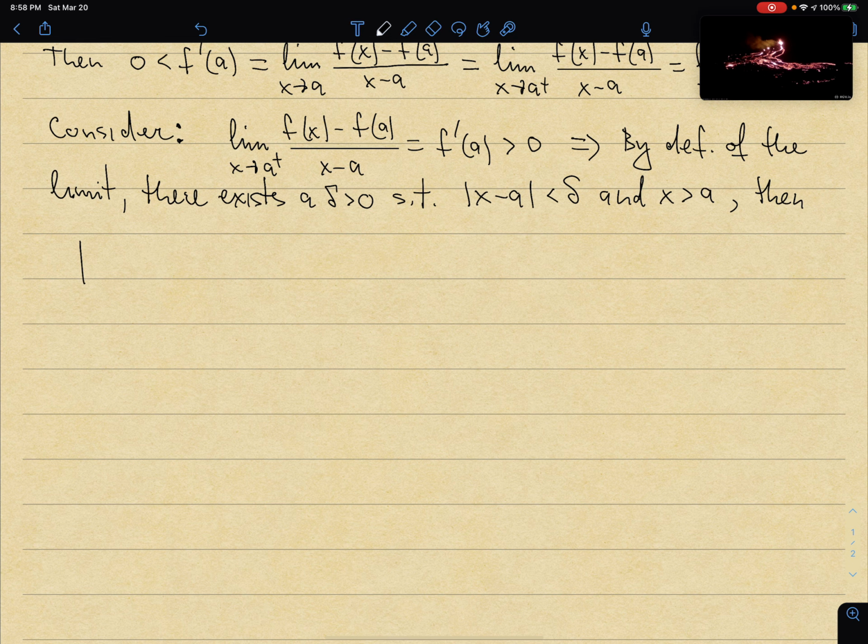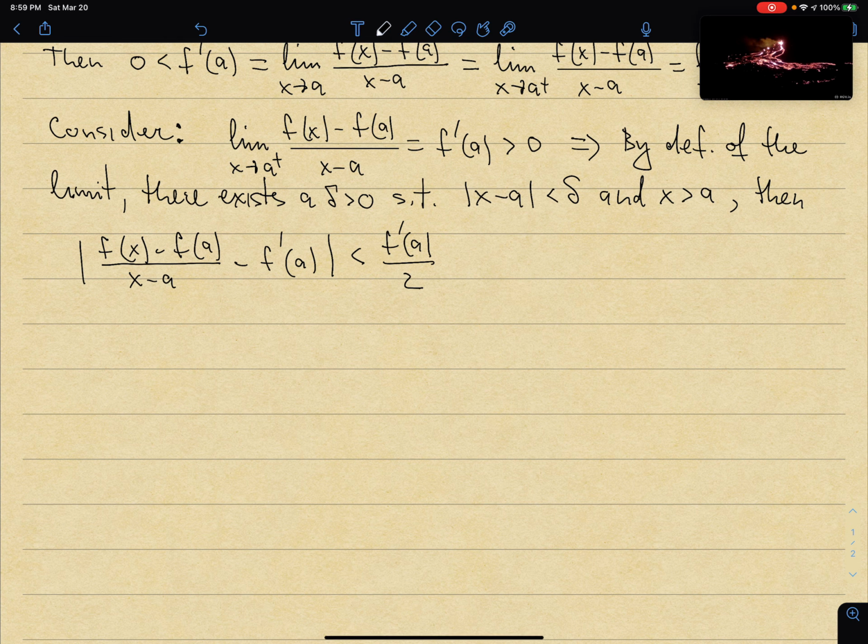So then the absolute value of f of x minus f of a over x minus a, minus f prime of a, is less than epsilon, which in this case I decided to be f prime of a over 2, as f prime of a over 2 is a positive number.